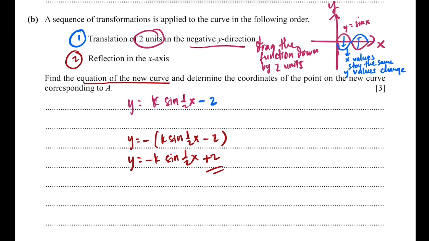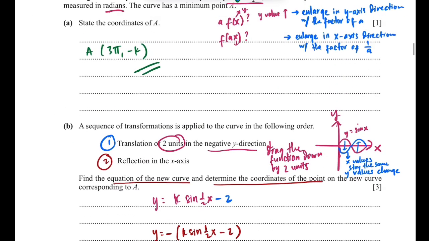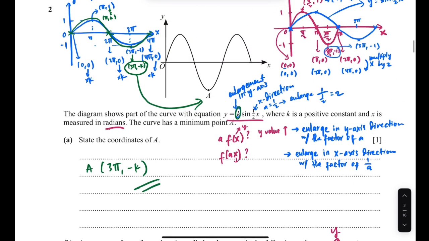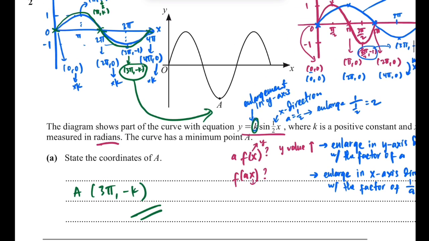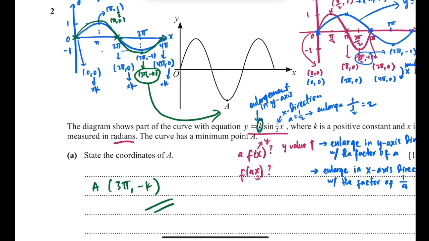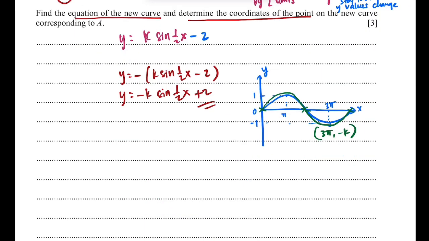The next question is, determine the coordinates of the point on the new curve corresponding to A. So what we want to find here is the value of A after the two transformations. We have this coordinate of A, 3 pi, minus k, from the previous question.